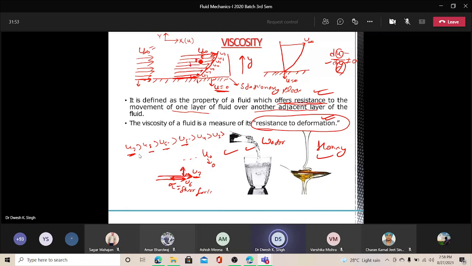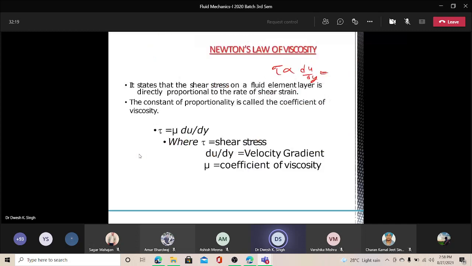In every two layers there is a shear stress. Its value depends on the velocity difference, but yes, there is a shear stress.